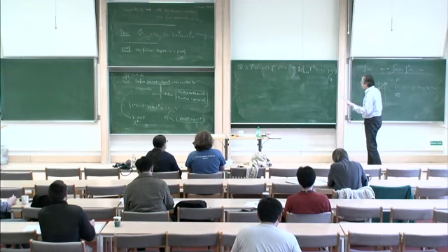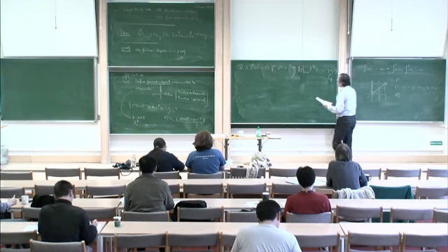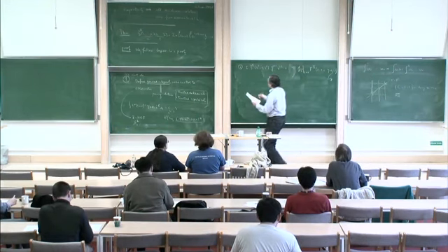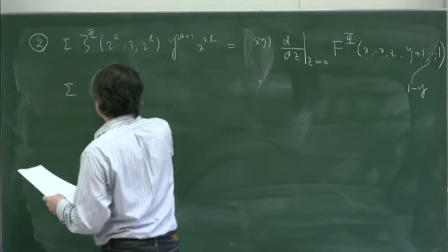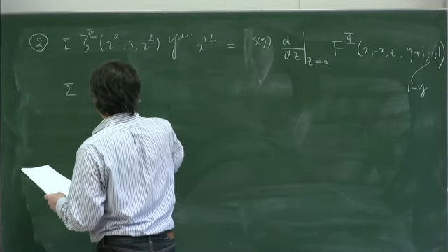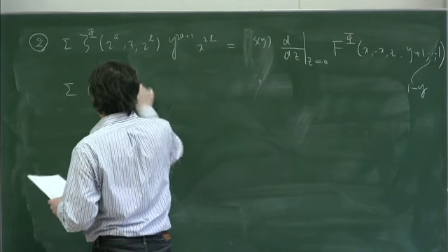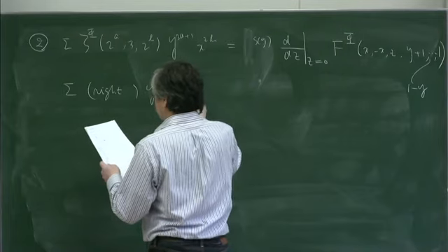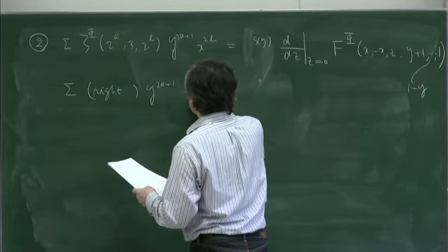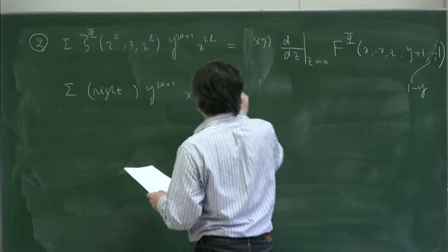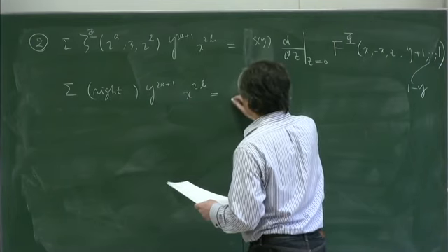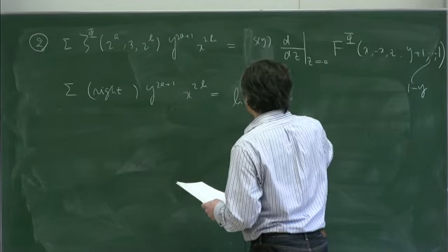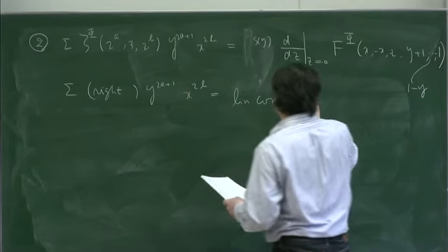Plus 1 of I. And also the sum on the right hand side, y to the 2a plus 1, and x to the 2b is equal to a linear combination of psi function.